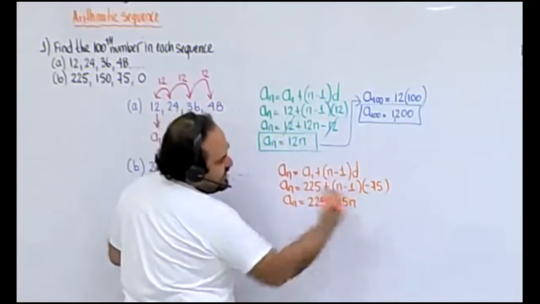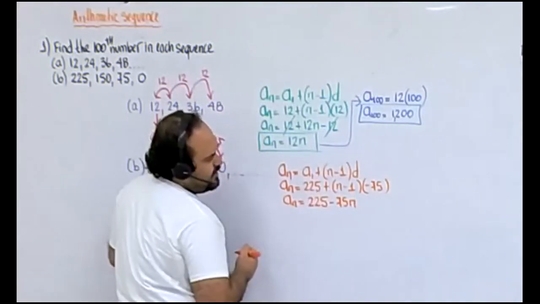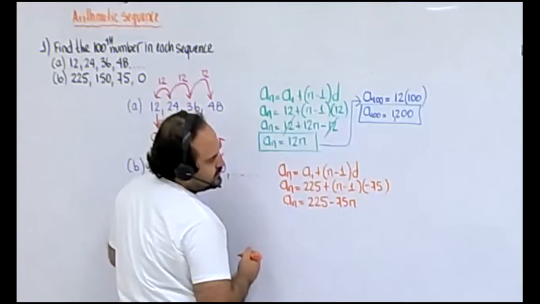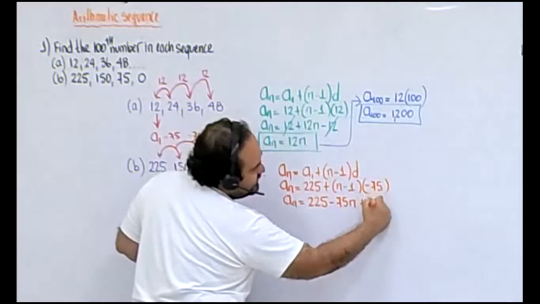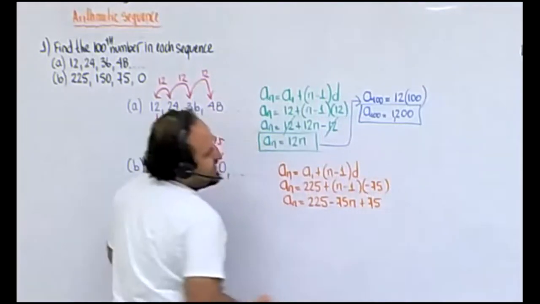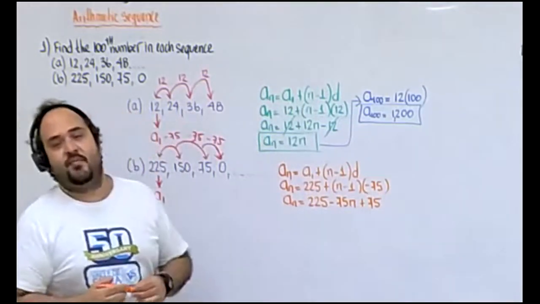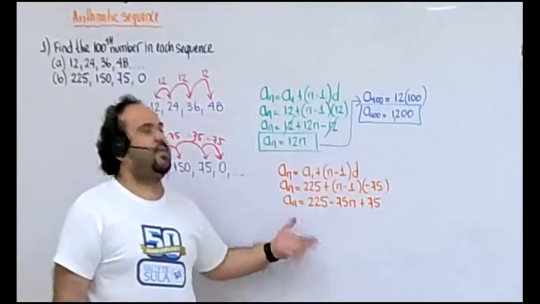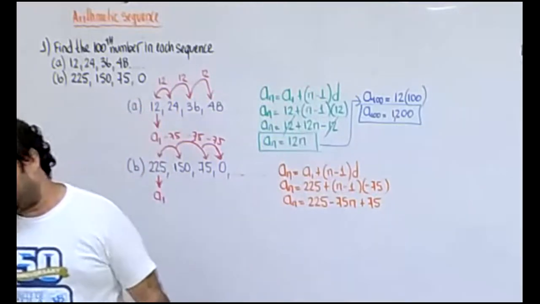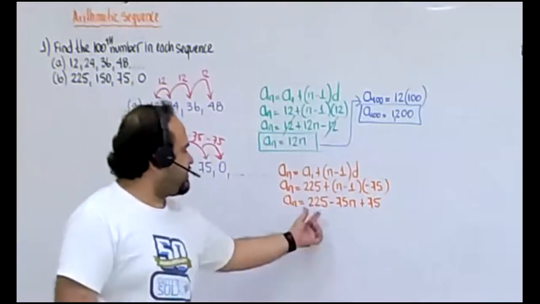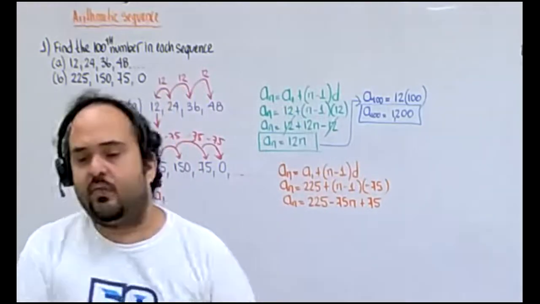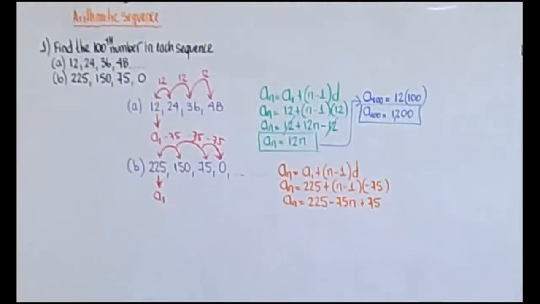Now, negative 75 times negative 1 is positive 75. Remember the identity property of the product. Exactly, positive. So we have like terms. We can add 225 plus 75.